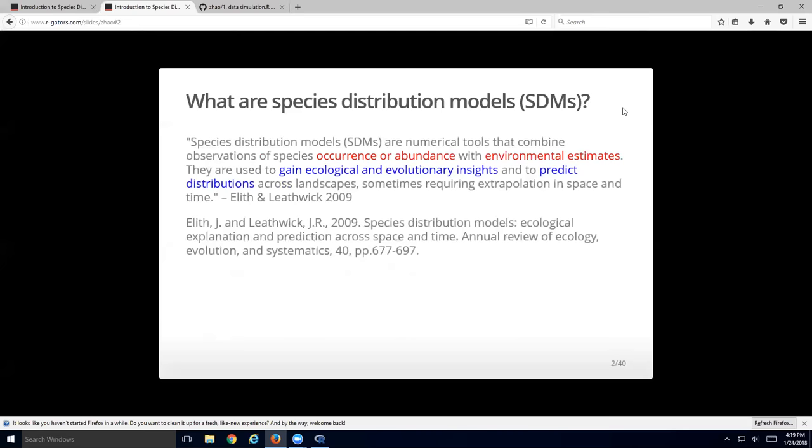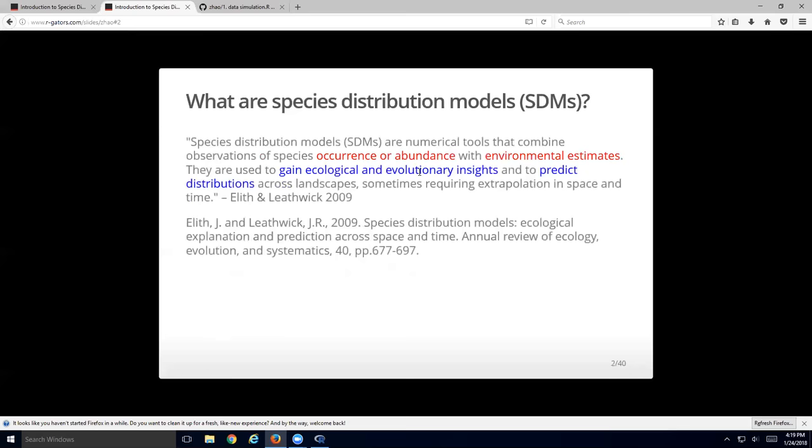That's the first thing these models do: gain ecological and evolutionary insights, basically some kind of understanding. And based on that understanding, we can make predictions.